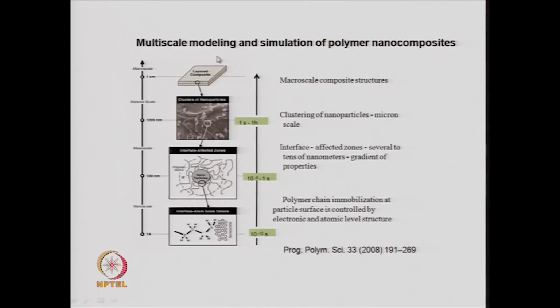So, what is shown here is to explain why people call this multi-scale modeling. It is called multi-scale modeling because the modeling takes into account small variations in properties due to small changes in distances which are in the nano regime.